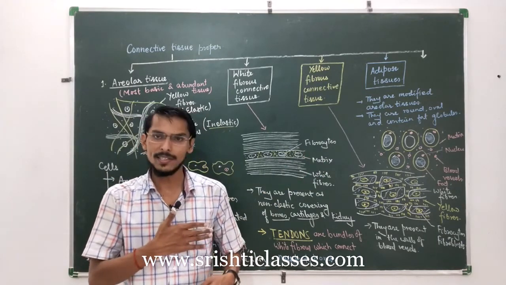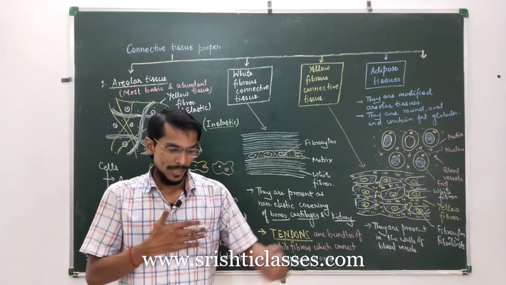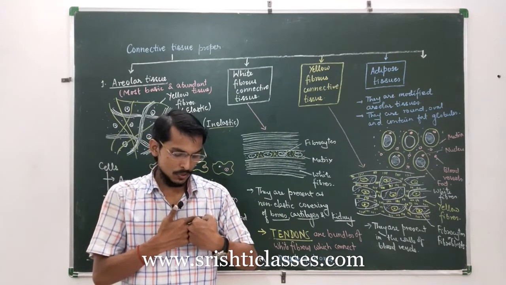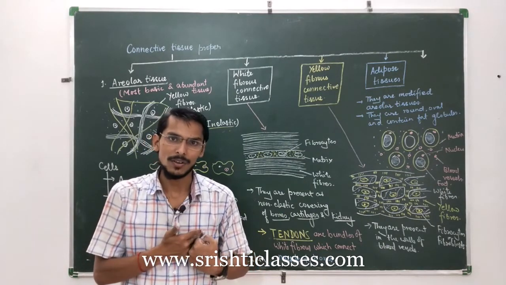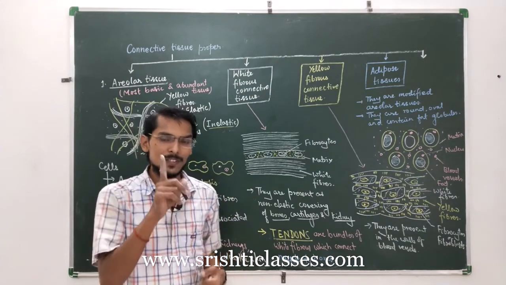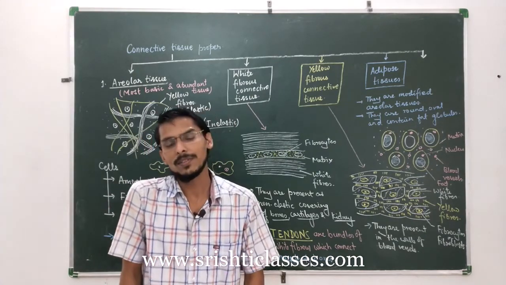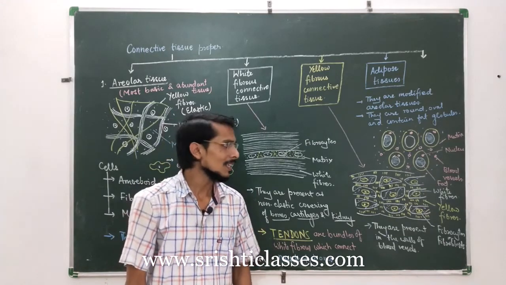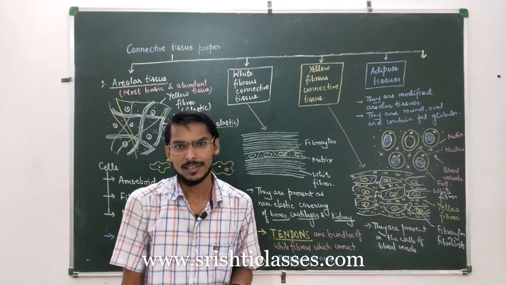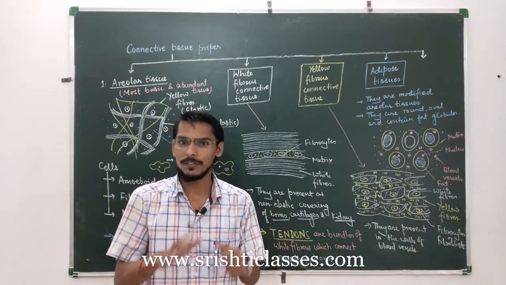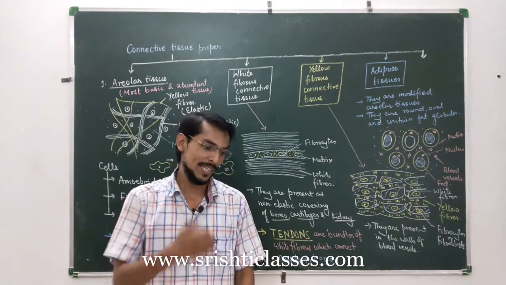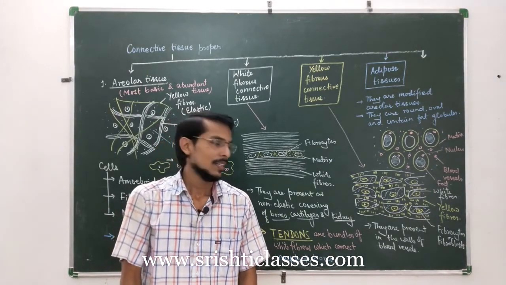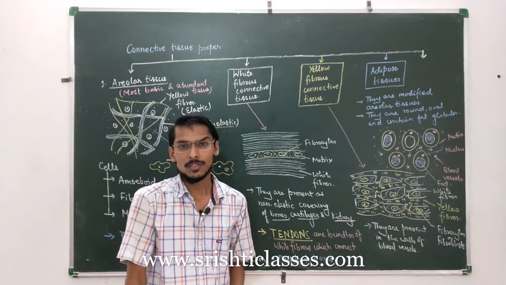Because if fat is present above the vital organs, if accidentally you get a stroke here, that shock will not reach up to the vital organ. Okay. So the first function is it helps in the absorption of shock and stress. Second is thermal insulation. If a person is fat, he will not feel so much cold because the heat will not easily radiate out from his body. Okay. So it also acts as thermal insulation.